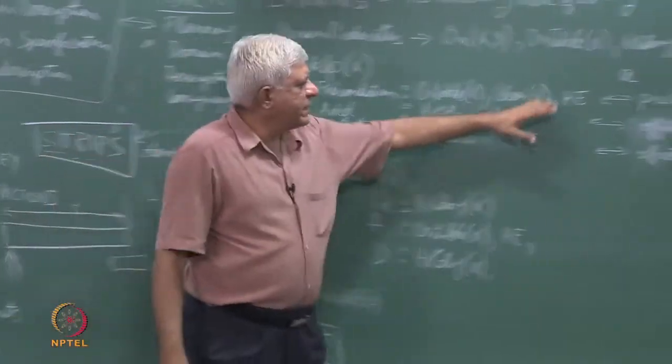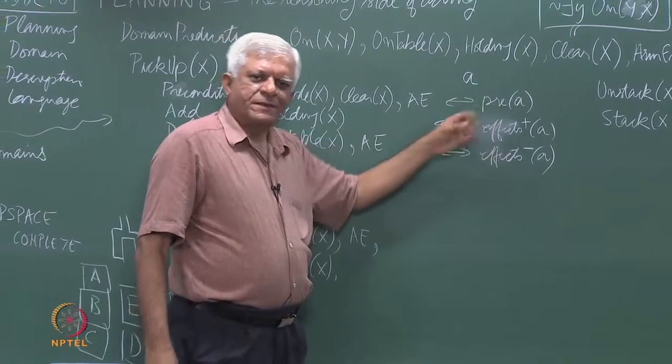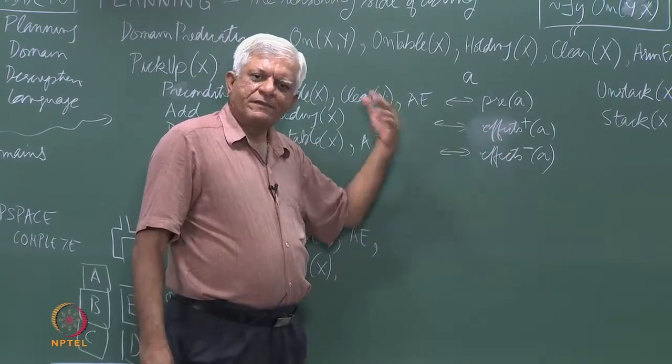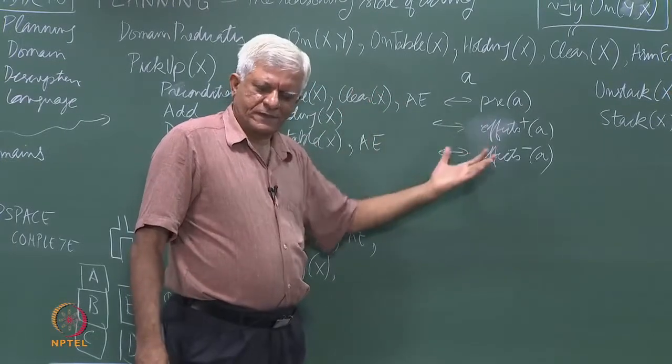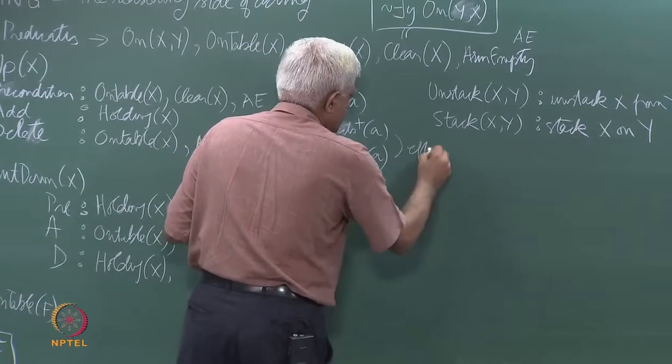Instead, we say preconditions and effects can be positive or negative. Positive means they become true after the action is applied. Negative means that they become false after the action is applied, and the two of them together is called effects.